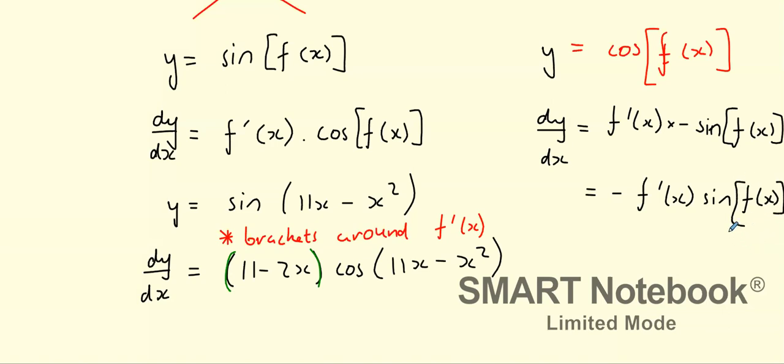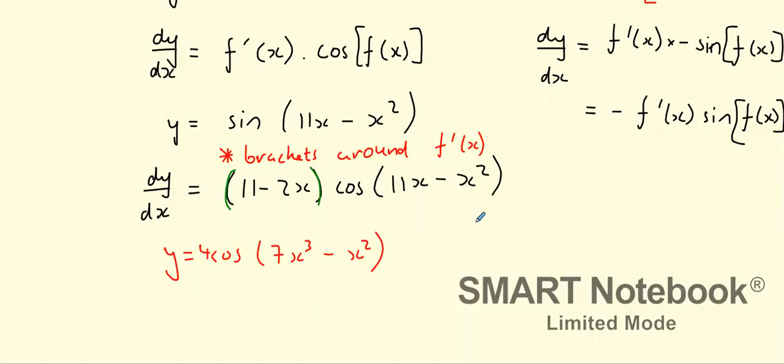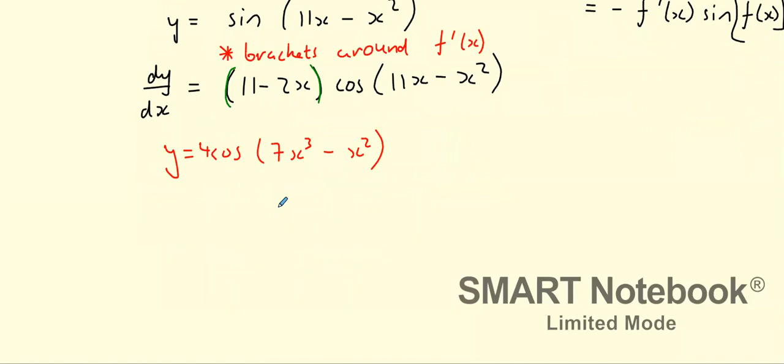And there is the general formula for differentiating cos of some function. We said that if you've got a constant at the front, when you differentiate it, you just multiply it right at the end. So dy by dx: this 4 is a constant, it's multiplied by the whole thing. So I'm going to leave the 4 there, and I'm going to differentiate cos of 7x cubed minus x squared.